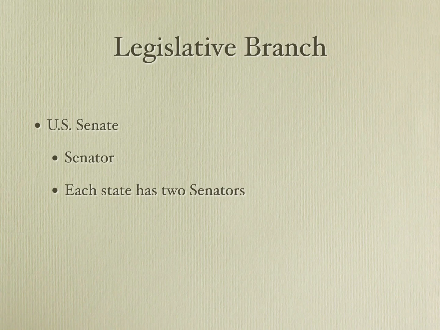A senator's entire job is to look out for the state as a whole. Members of Congress have to look out for the people in their congressional districts, but senators have to look out for the entire state. So their focus is not on small areas, but the entire state.